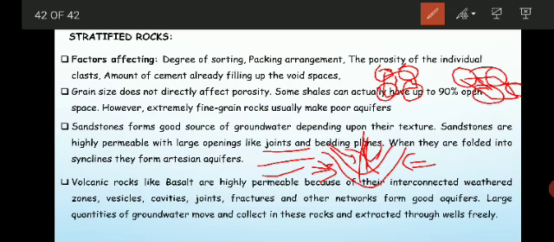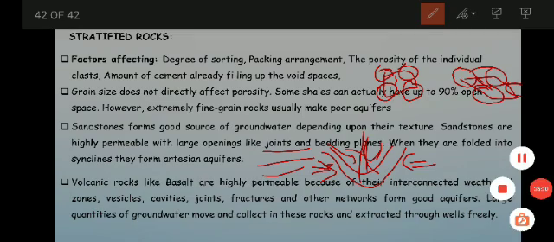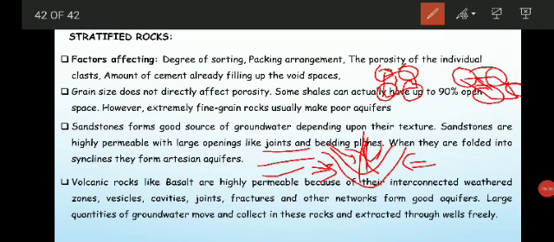So sandstones form a good source of groundwater depending on their texture. Then sandstones are highly permeable with large openings like joints. So joints are the cracks.